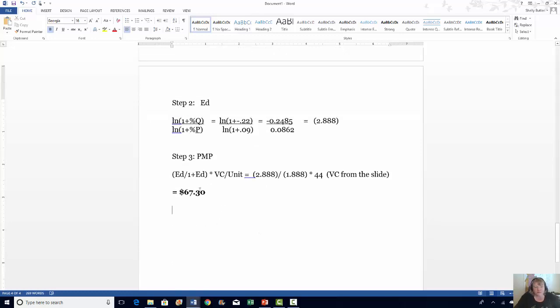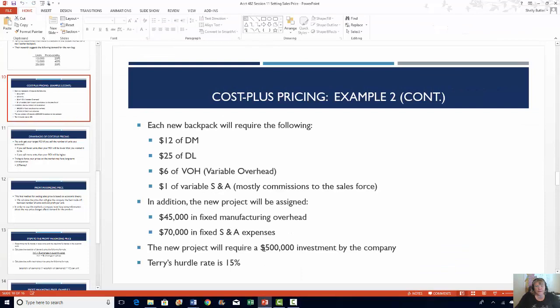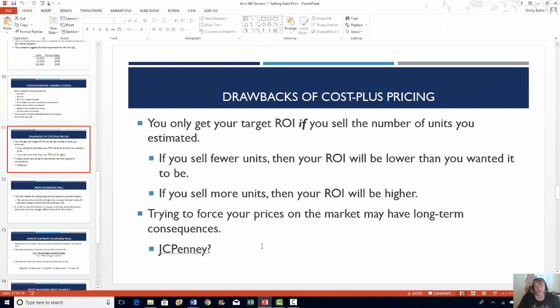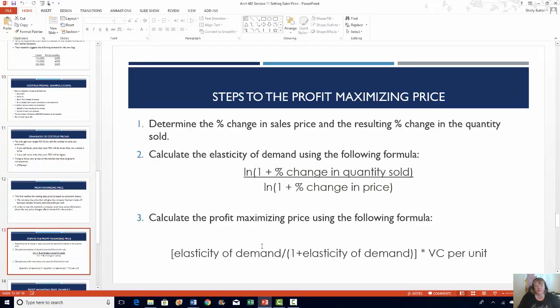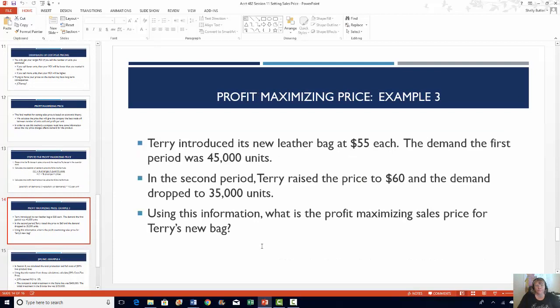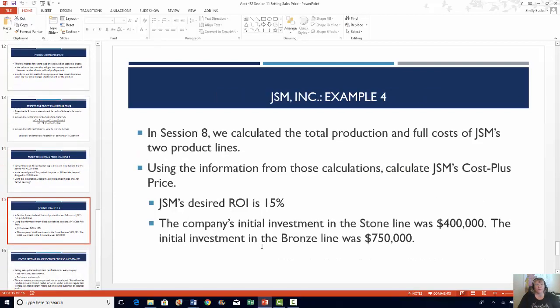But that's going to tell you what the price should be. So going back to the PowerPoint, okay, so this is the JSM that we talked about in the last session.